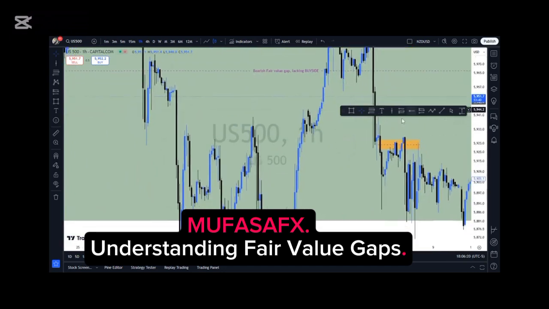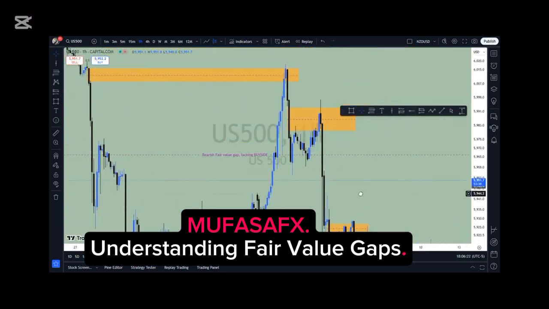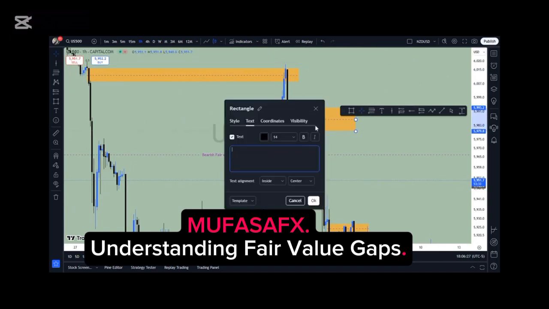So what kind of fair value gap is this? The sell side, sell, bearish fair value gap.